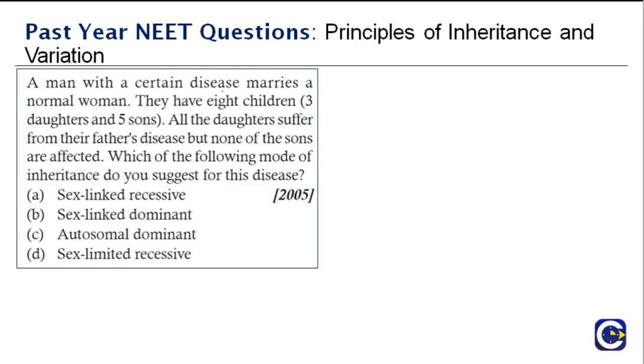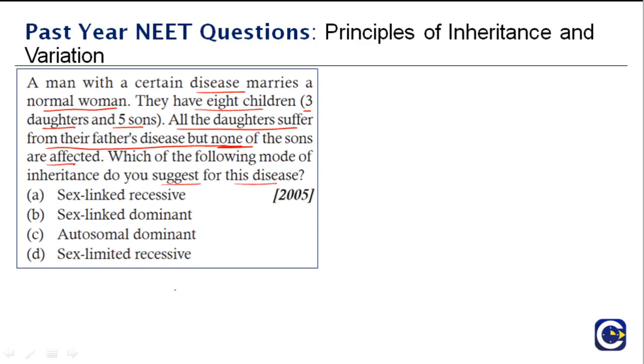A man with a certain disease marries a normal woman. They have 8 children, 3 daughters and 5 sons. All the daughters suffer from their father's disease, but none of the sons are affected. Which of the following modes of inheritance do you suggest for this kind of disease?